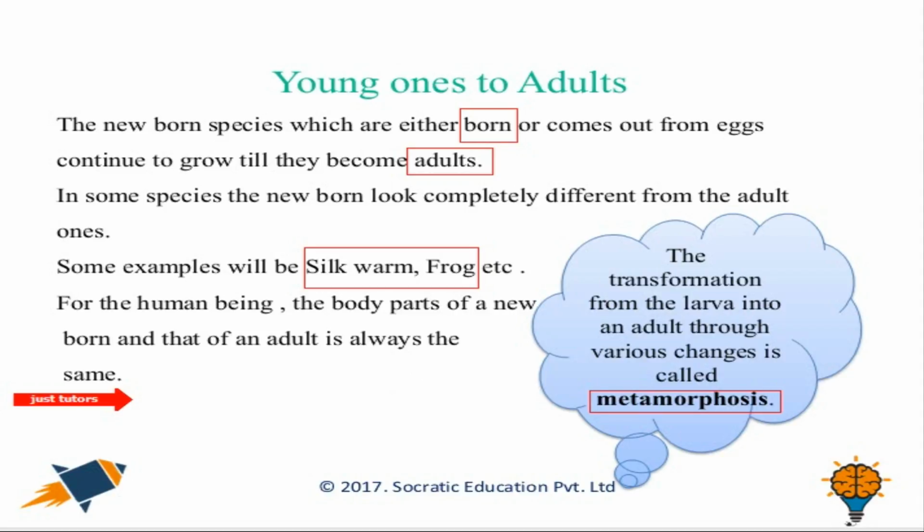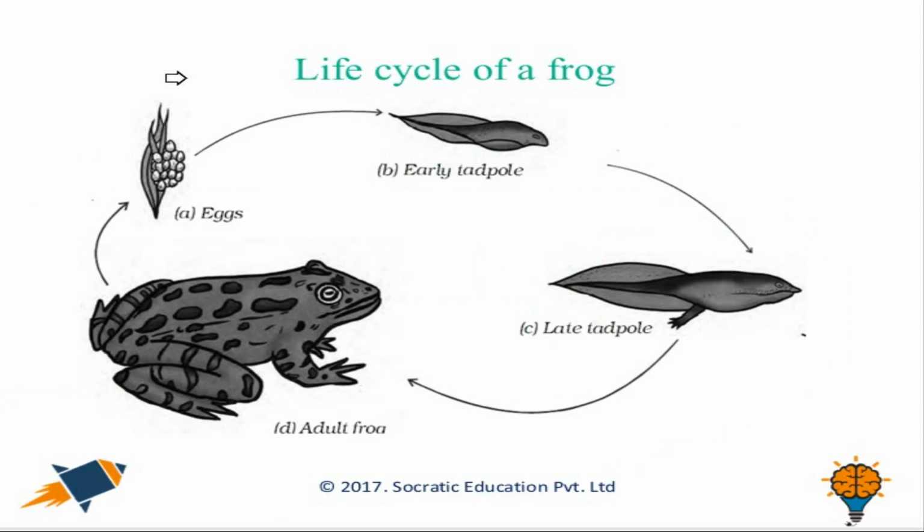Let's get a clearer idea by looking at the life cycle of a frog in this picture. We started with the egg. As we know, a frog goes through external fertilization and is an oviparous animal.